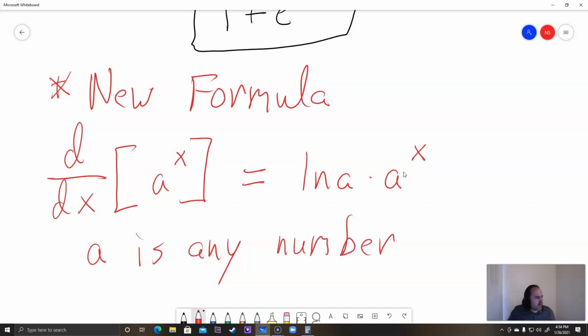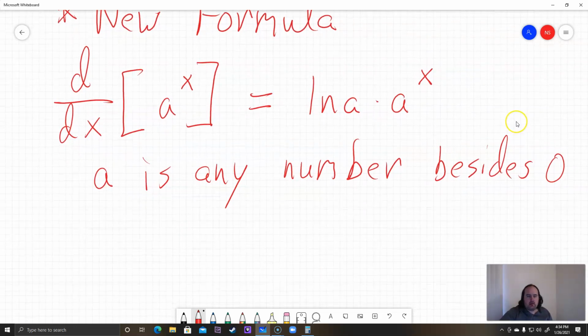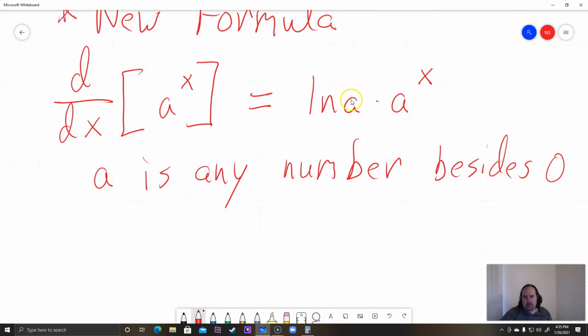I mean, of course, you wouldn't want a to be 0, because 0 to any power is just going to be 0. But other than that, a can be any number. So we'll say a is any number besides 0. And I guess I also should add that a can't be negative, since you can't take the natural log of a negative number.